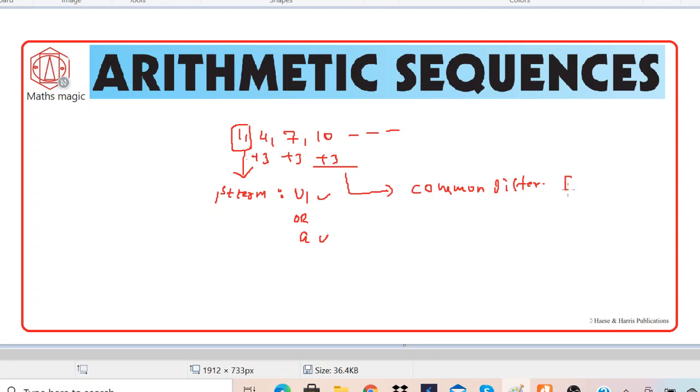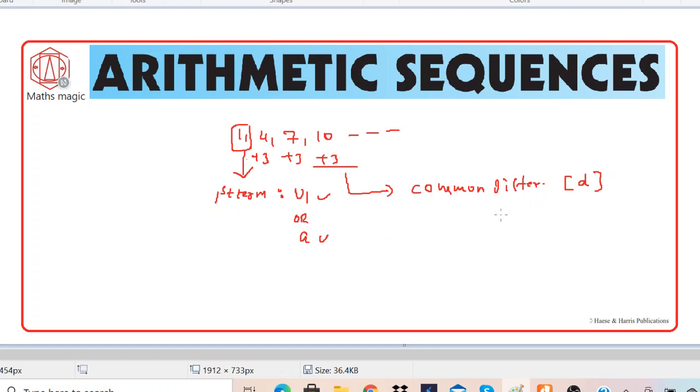This common difference is denoted by D. I think this letter D is almost the same everywhere. We don't mostly use any other letter for this, so this is fine. We can use the letter D to denote the common difference.